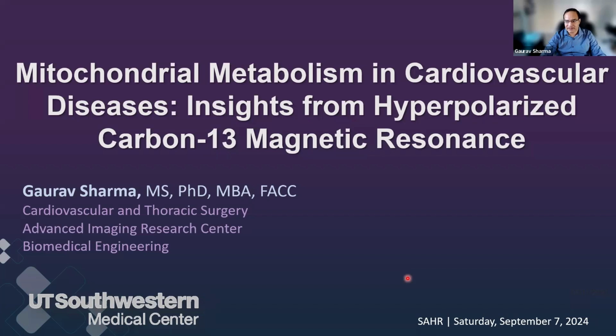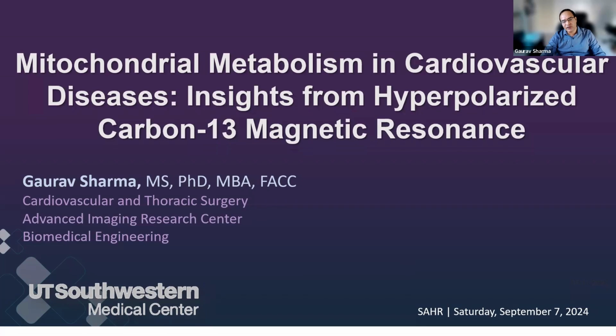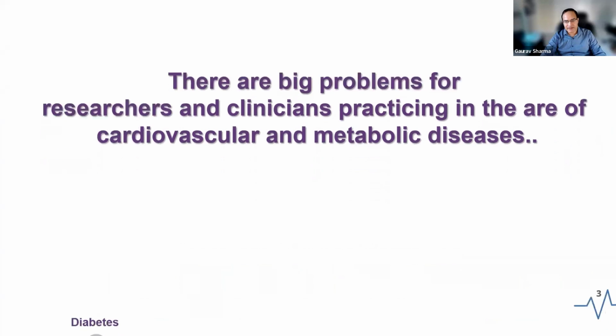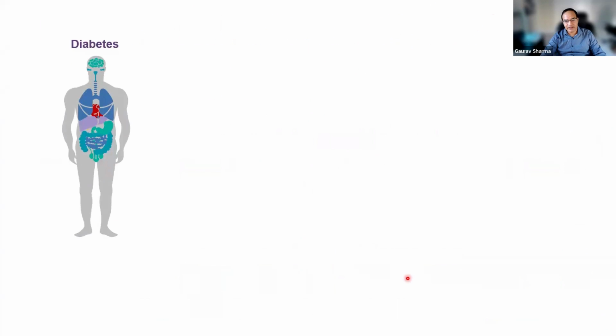And let's begin with addressing one of the major issues in the field. So I would say there are significant challenges that both researchers and clinicians are facing when dealing with cardiovascular and metabolic diseases. One of the key issues: if the patient has diabetes, then heart failure is present at least 25% of the time.